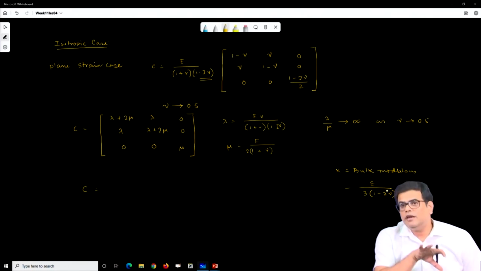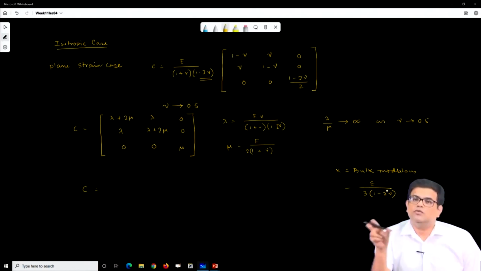Any strain can be decomposed into two parts: one is the volumetric part and another is the deviatoric part, which you have probably learned in a solid mechanics or theory of elasticity course.